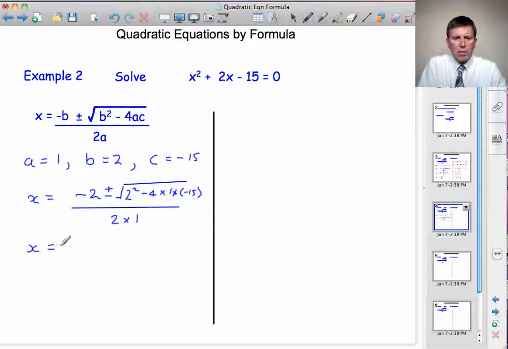So x is equal to minus 2 plus or minus the square root of 2 squared is 4. Now this time you'll see we've got two negatives multiplied together, minus 4 and minus 15. Two negatives multiplied together give a positive, so we've got 4 times 1 times 15 is 60, minus 4 times minus 15 turns that to plus 60.